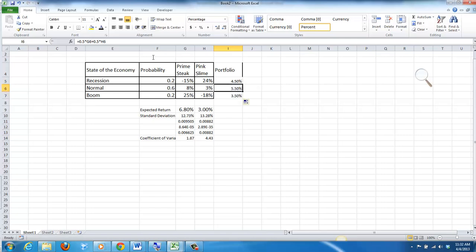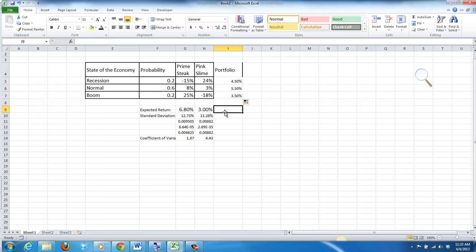So in this case, the second case is 0.5 up here multiplied by the return for Prime Steak in the normal economy plus 0.5 multiplied by 3% for Pink Slime in the normal economy, and we add those together, and that gives us 4 plus 1.5, or 5.5%. We do the same down here. 0.5 multiplied by 25 is 12.5%, minus 0.5 multiplied by 18, which is 9%, so that gives us 3.5%.